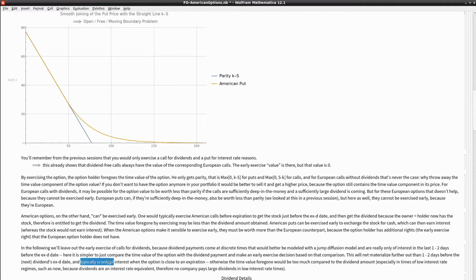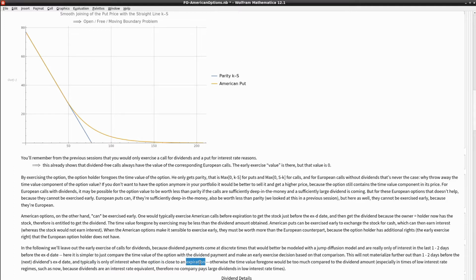And it typically is only of interest when the option is close to an expiration, because only then the time value is low. When you have a lot of time value left, it's going to be larger than the dividend. And you get large time value when you still have a lot of time until expiration. That's why it's called time value.